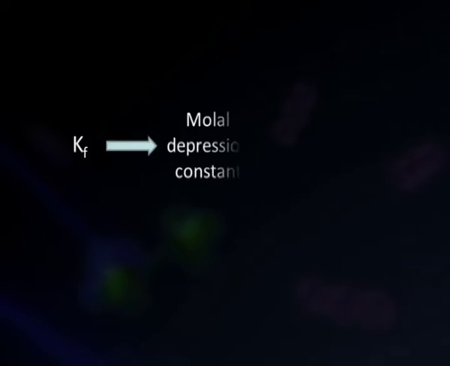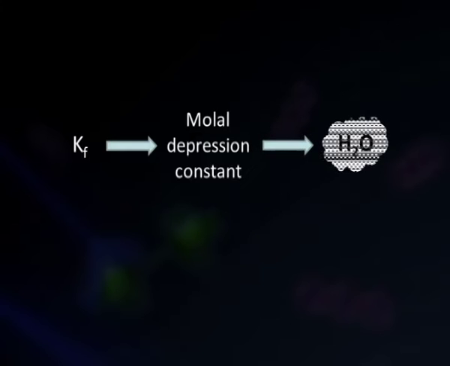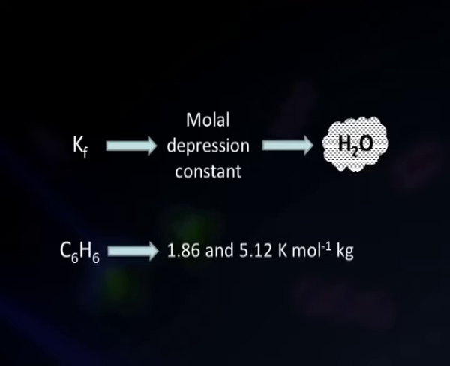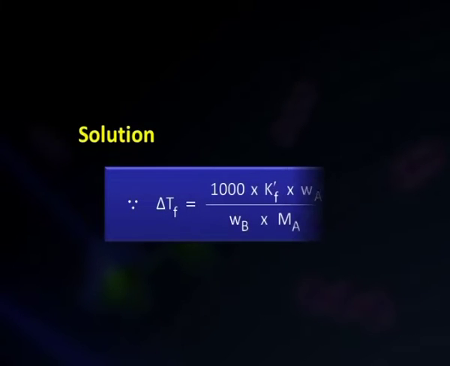Kf, that is molar depression constant for water and benzene, are 1.86 and 5.12 Kelvin per mole kg respectively. Now, as we know that delta Tf is equal to 1000 into Kf into Wa upon Wb into Ma.